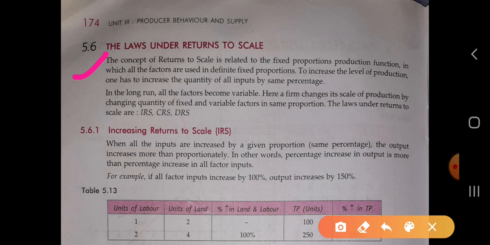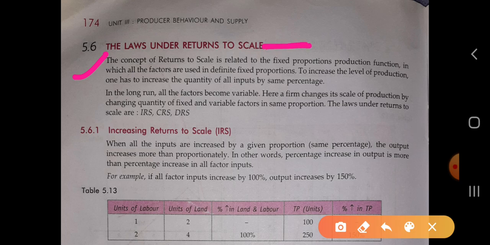Okay, so what we have studied is that the concept of return to scale is related to the fixed proportion production function, in which all the factors we have taken are in a fixed proportion.